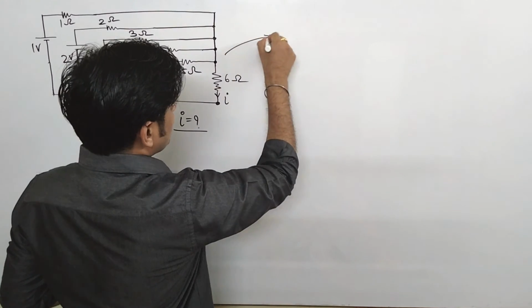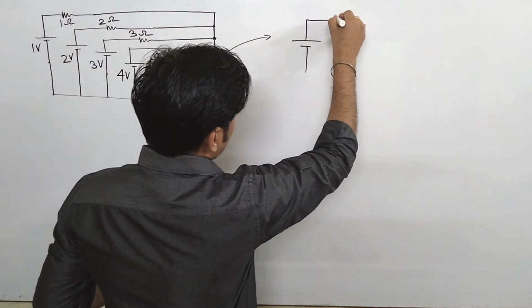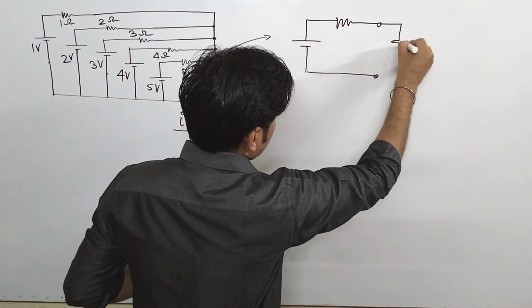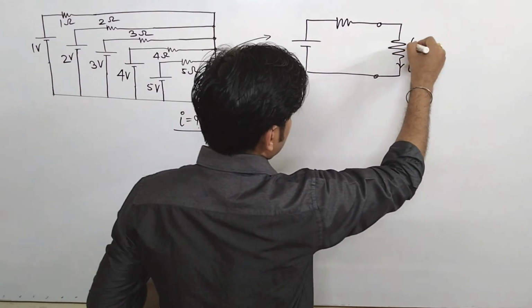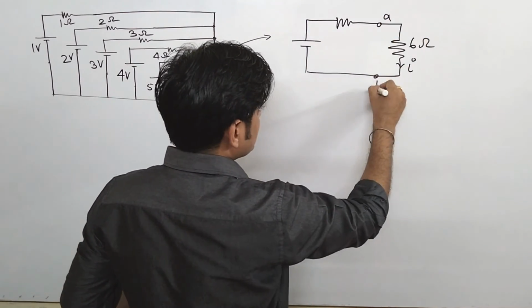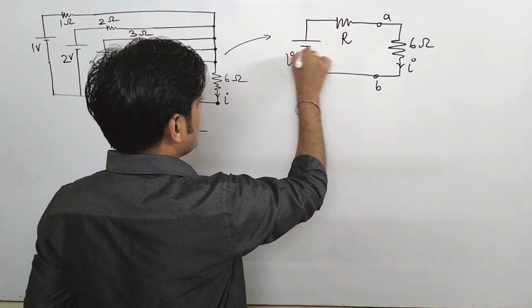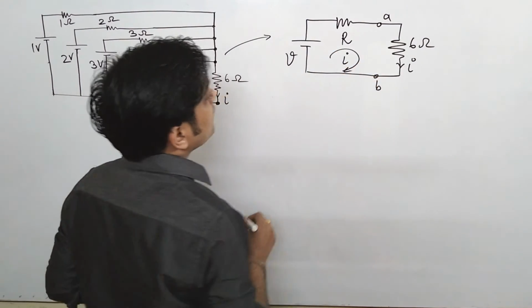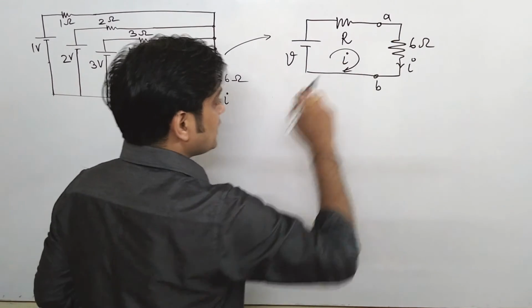As per Millman's theorem, if I draw the equivalent circuit, it should be something like this, and here is your resistance. If you say this is I, this is your 6 ohm, I will call these two terminals AB. So basically you have to find this R and this V. Once you know the value of V and R, you can find the value of current I flowing here.